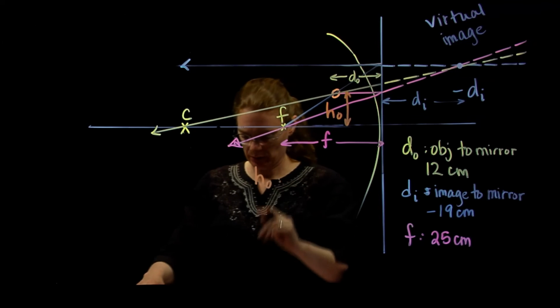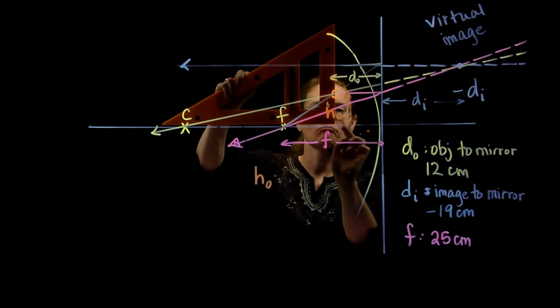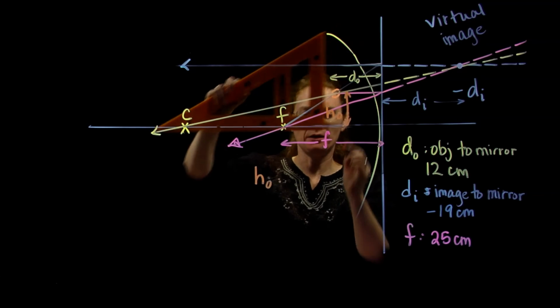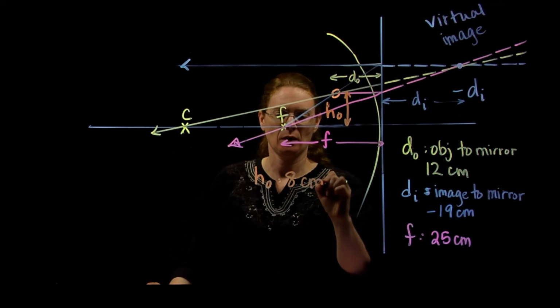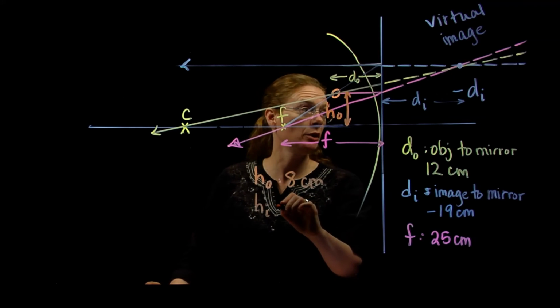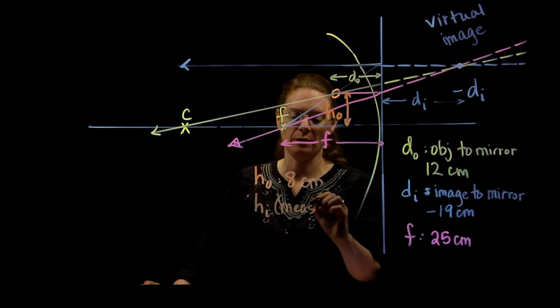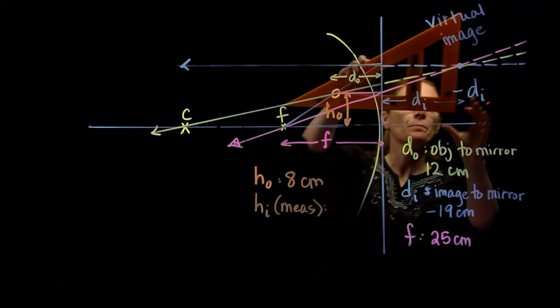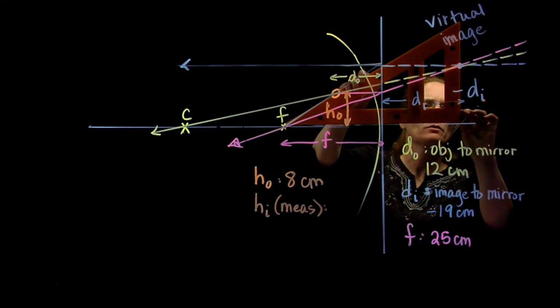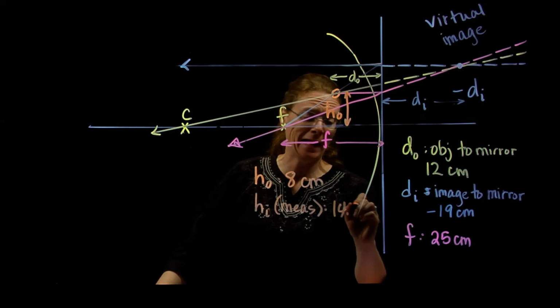So the height of the original object is 5, 6, 7, 8 centimeters. And then we will be able to calculate what the image height should be. So I'm going to measure it and then we'll calculate it. So measured is, what do we have, 14, 15, something like that. Around 14 and a half, how about that?